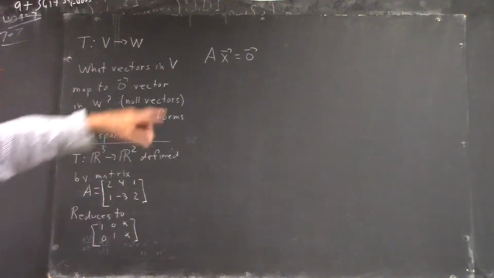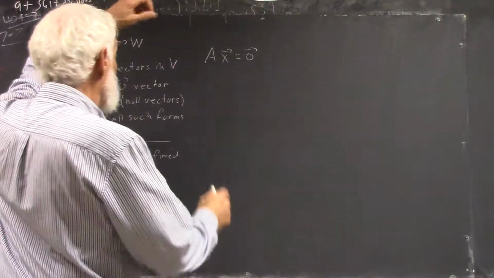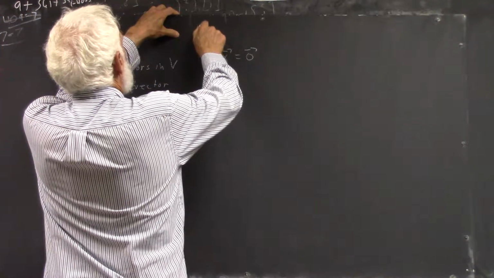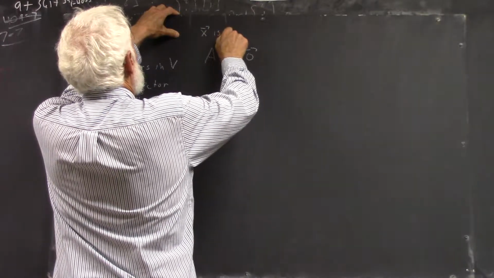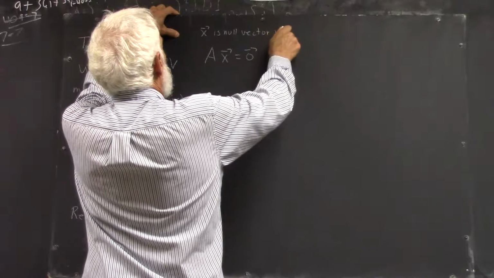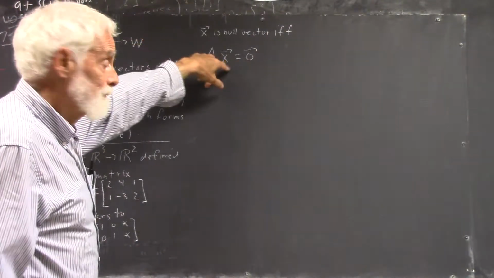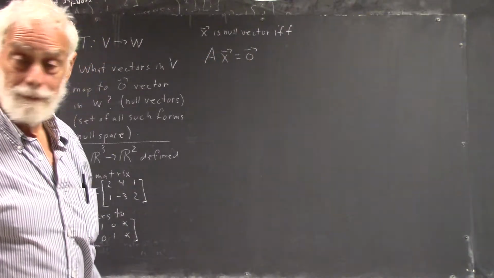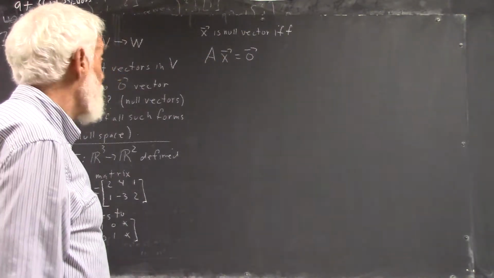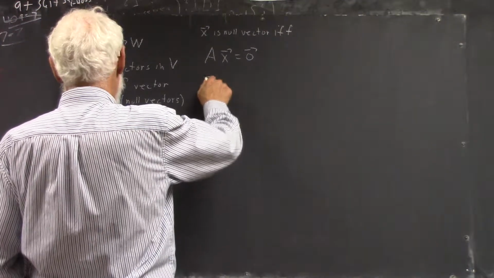What we're looking for now is the null space. X is a null vector if and only if AX equals 0. So let's write that out.